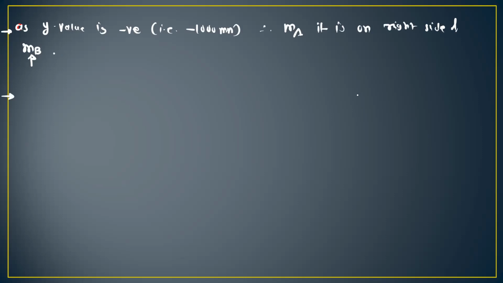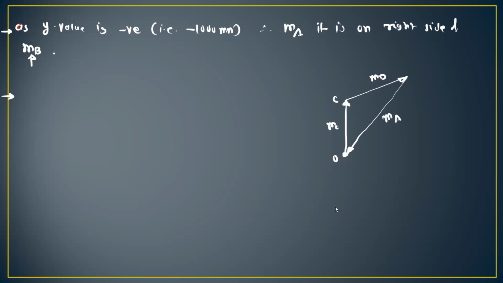And if you refer to that couple polygon, so this is the origin and this vector is for mass C. And this is for mass D and this vector is for mass A.